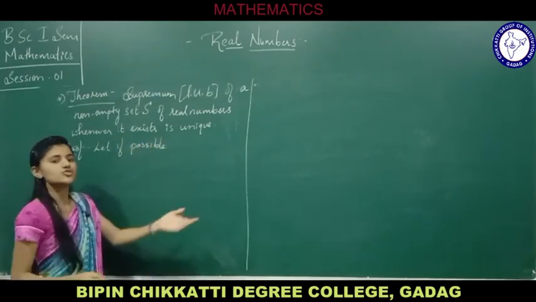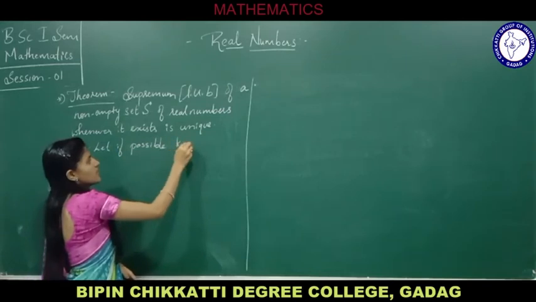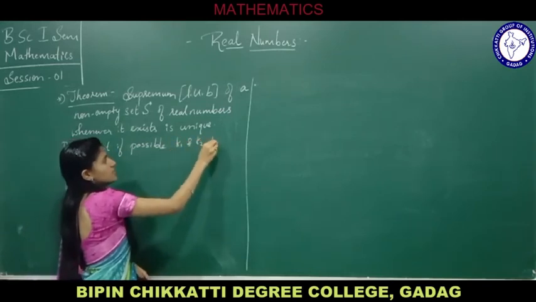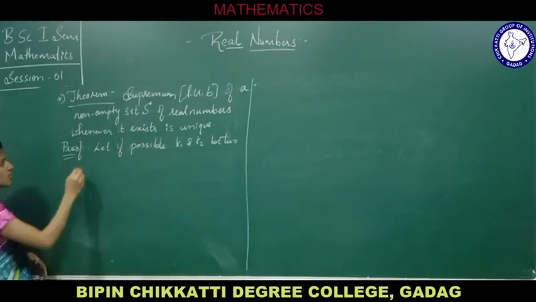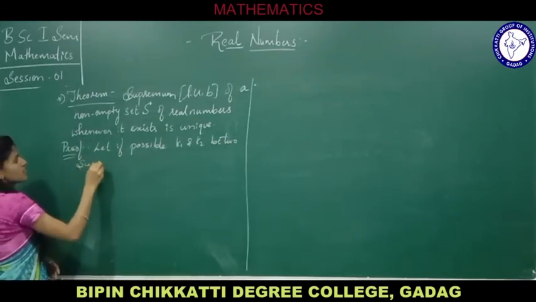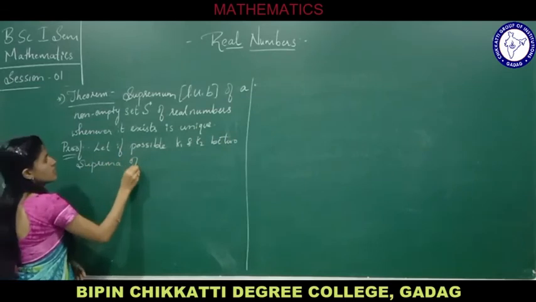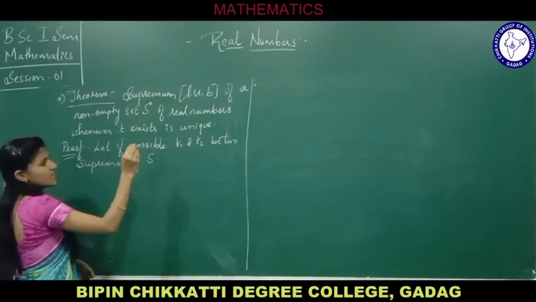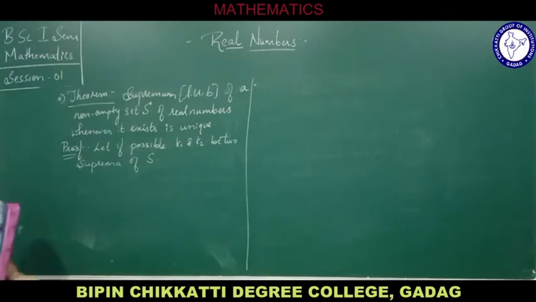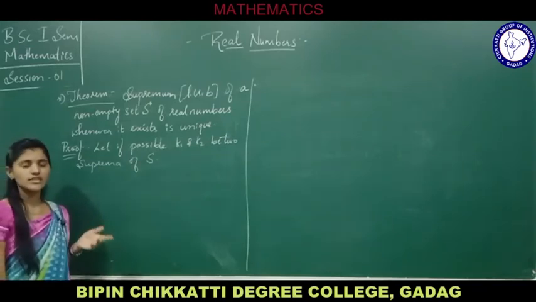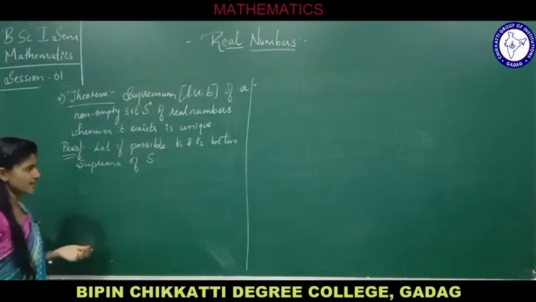Let us consider K1 and K2 be two suprema of S. How can we say? Both K1 and K2 are the suprema of S, right?